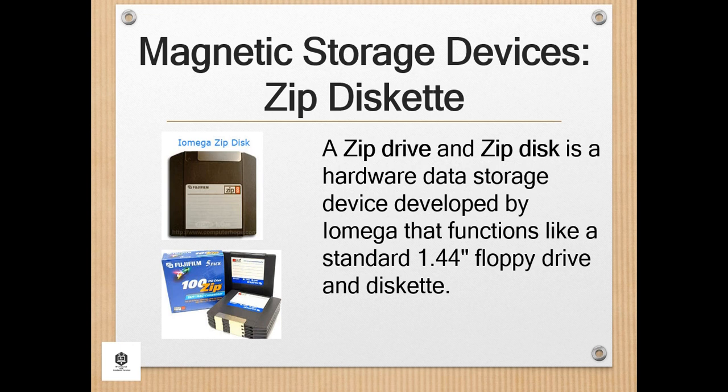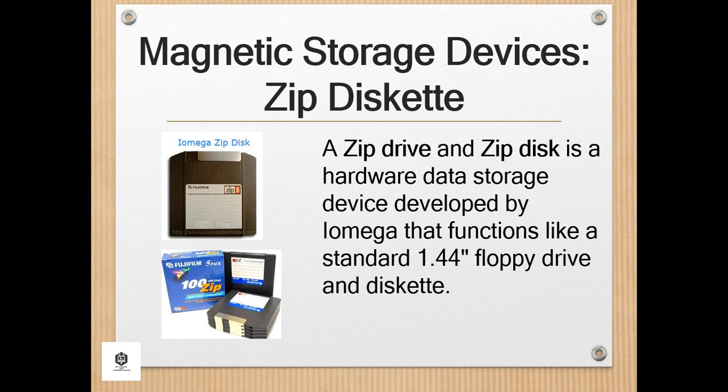Iomega Zip drives became very popular in the late 1990s but quickly became less popular as users needed larger storage capabilities. The drive was eventually replaced by CD-R and CD-RW drives and discs as they became cheaper since they offered much more storage and compatibility.